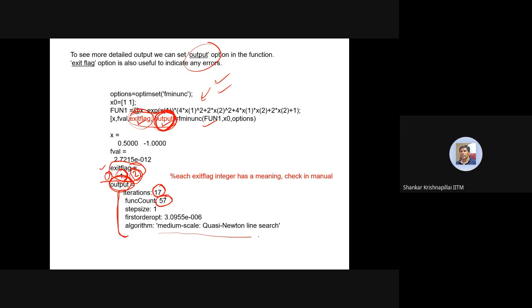The algorithm is a medium scale quasi-Newton method. Quasi-Newton method means the modified Newton method, which we already studied, where we do the line search along the objective function. So if you want extra data like this, the output option has to be enabled.